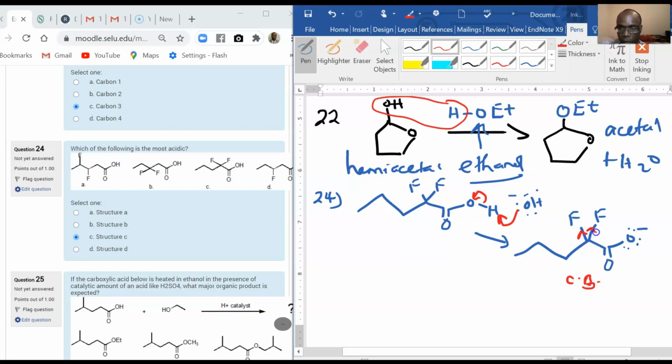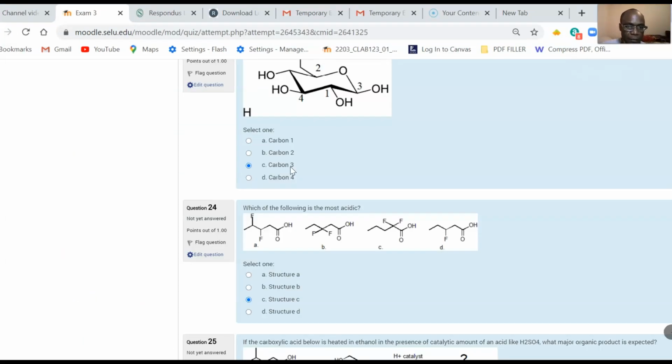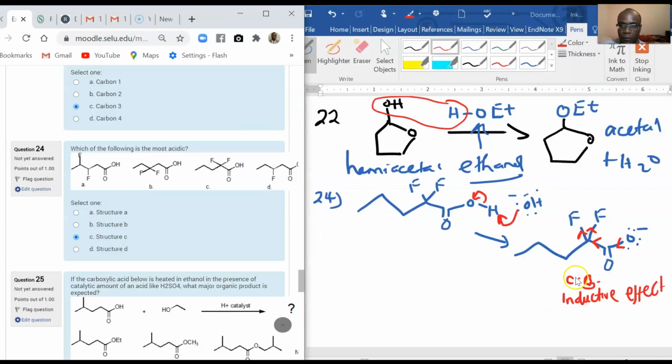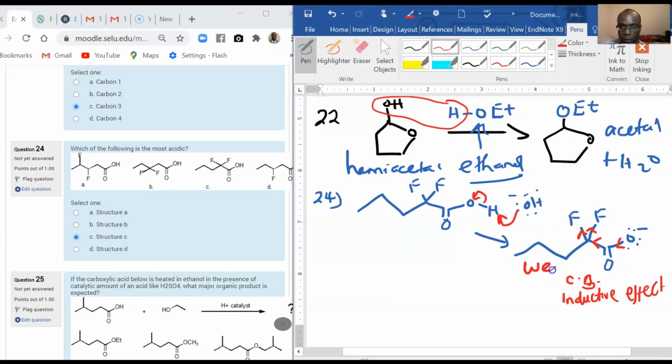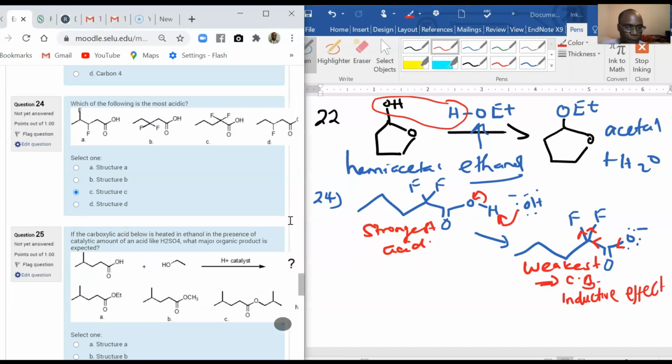And the fluorines are known to be electron withdrawing, so they stabilize the conjugate base by what we call inductive effect. They are closest to the oxygen. Here, if you look at the rest, these fluorines are away from the oxygen. These ones are one carbon away. So the one that's most acidic is C. Out of all, this will be the weakest conjugate base, which means it came from the strongest acid, not in the world, but the strongest acid of the four of them.